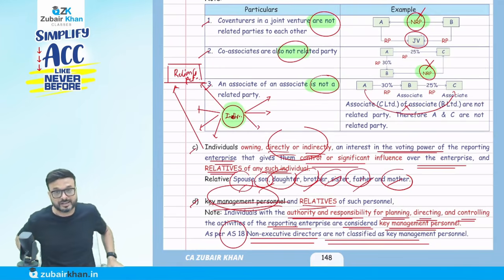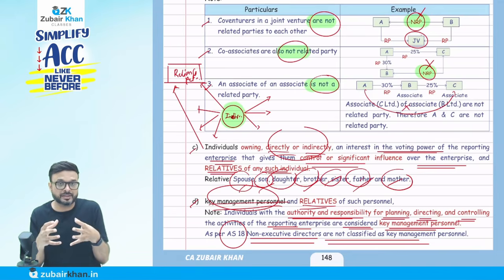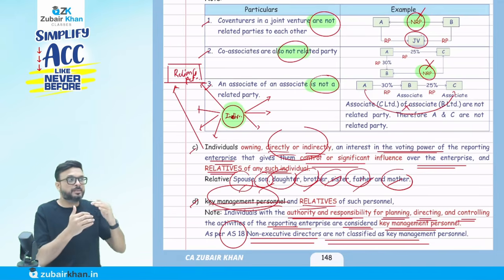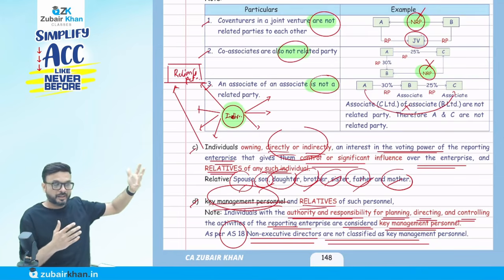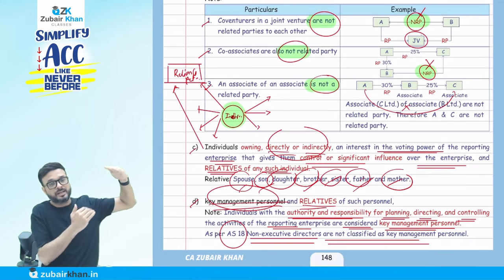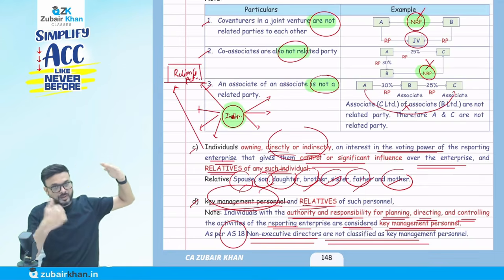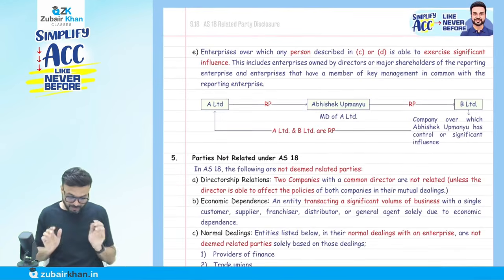So non-executive directors do not qualify as key management persons. Suppose Mr. A is the MD of any company: that company and Mr. A are related, and relatives of Mr. A are also related to that company. Now I'm coming to the last point here, point number E.